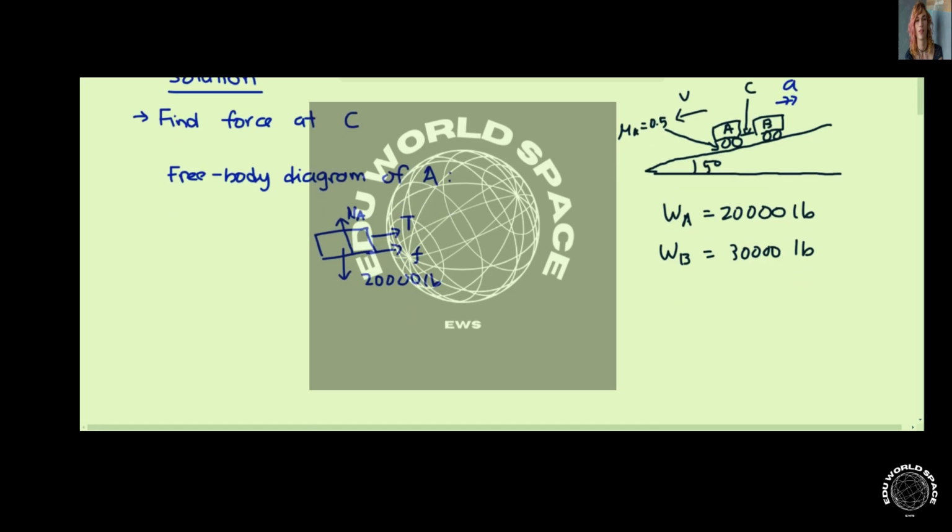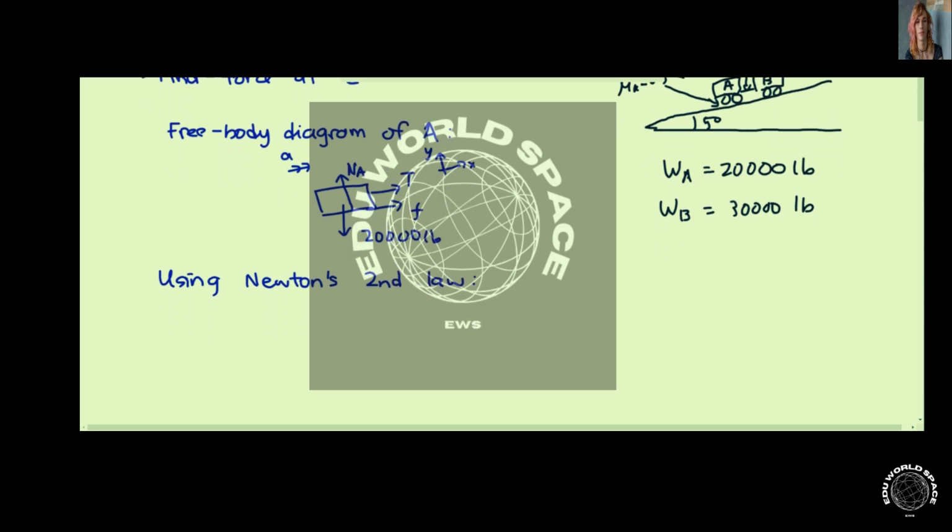The acceleration is pointing up along the slope, and I'm going to put my coordinate system x and y in this way. So using Newton's second law, consider the forces along the x direction, and this is equal to ma.